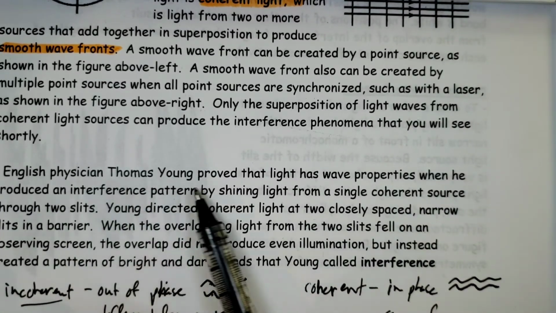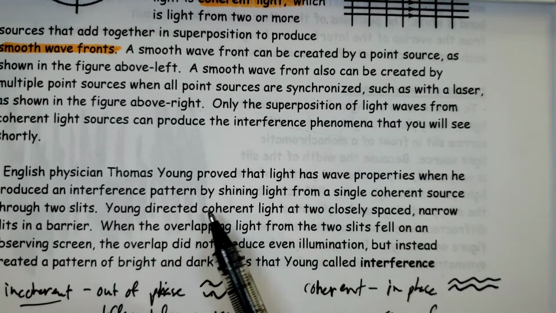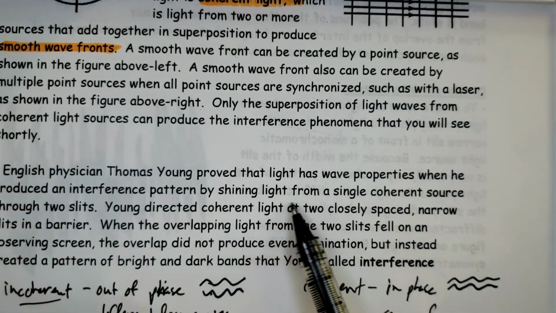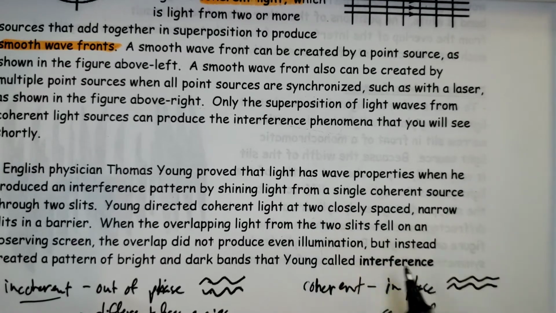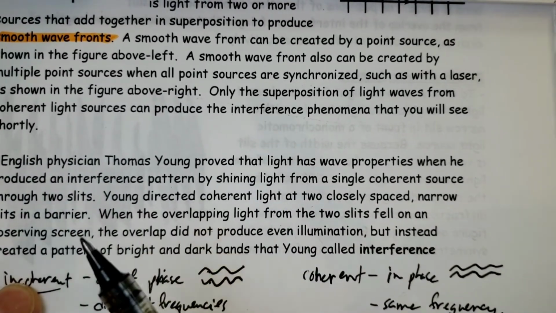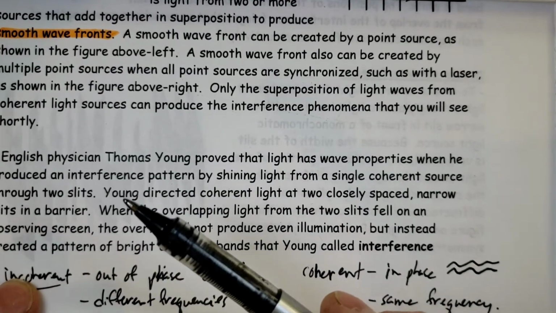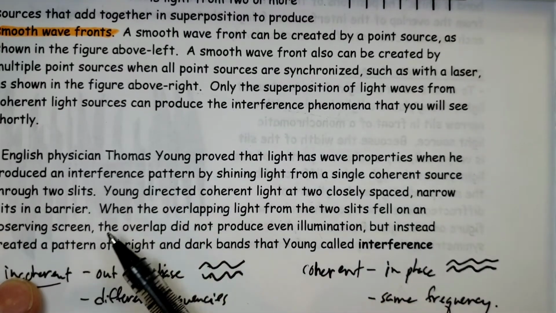English physician Thomas Young proved that light has wave properties when he produced an interference pattern by shining light from a single coherent source through two slits, just like when we had the two slit interference with constructive and destructive interference.